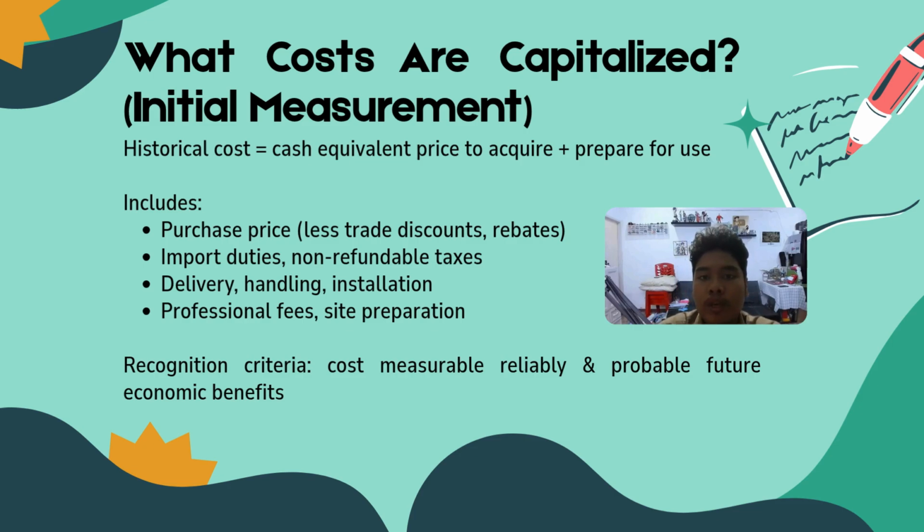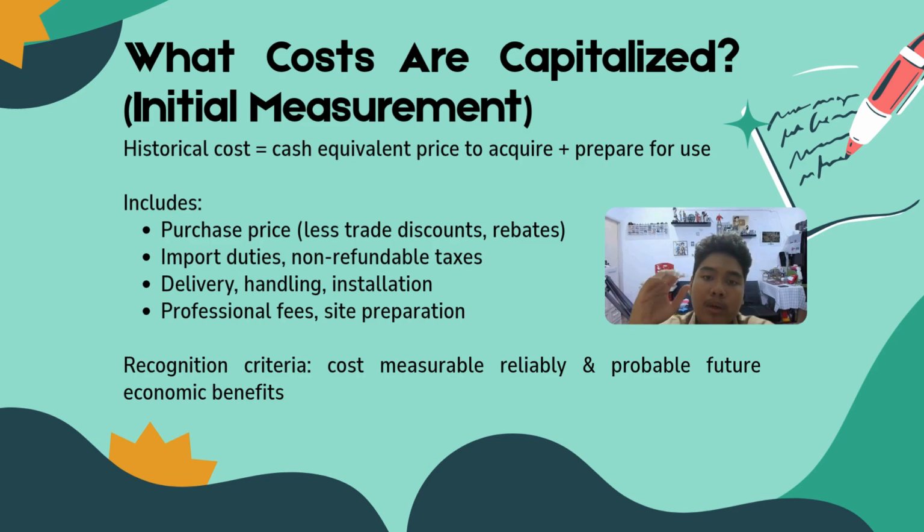Now, what costs do we include when we first record an asset? We use historical cost. That means the cash price to buy the asset plus all the costs to get it ready for use. These costs include the purchase price after discounts, import duties and taxes that cannot be refunded, delivery, handling and installation, and professional fees and site preparation.